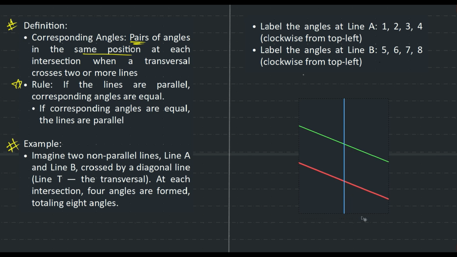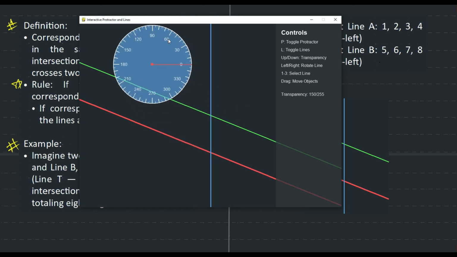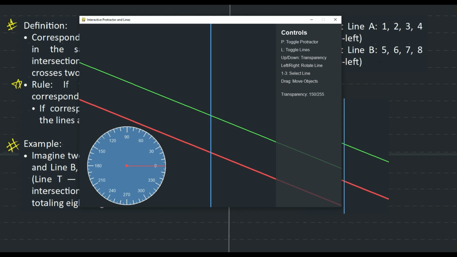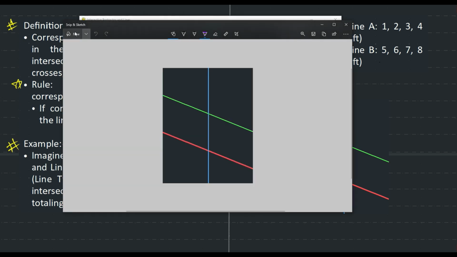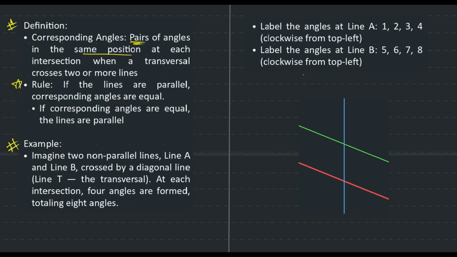Okay. Next, let me take up the protractor. Imagine that physically I'm doing this. Okay, and let's measure this. The approximate measure is: this is 90, 100, 110.